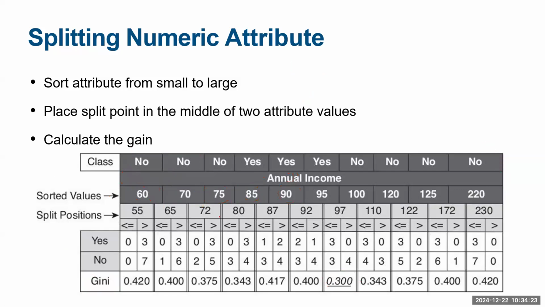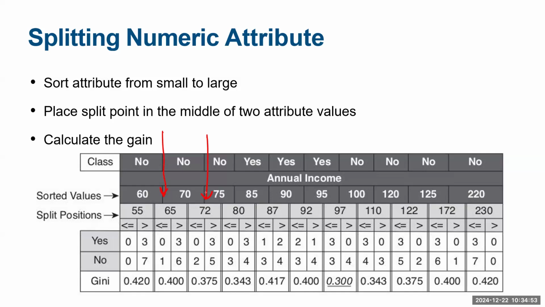If you look at the data here, this split and this split are essentially similar, right? We have three no's in a row. If you split it here or split it here, you split the no's into two groups. And you don't want to split the no's into two groups, right? You want no to be in one group, yes to be in another group.